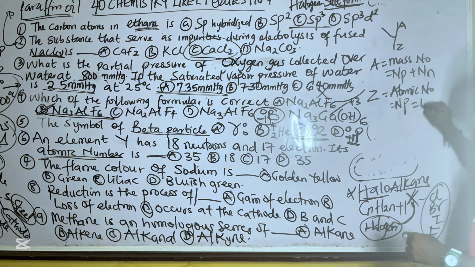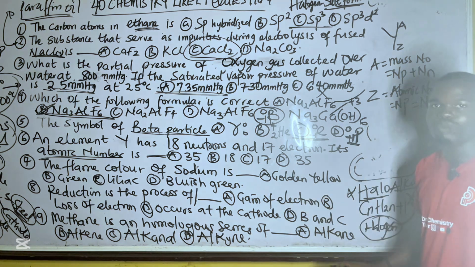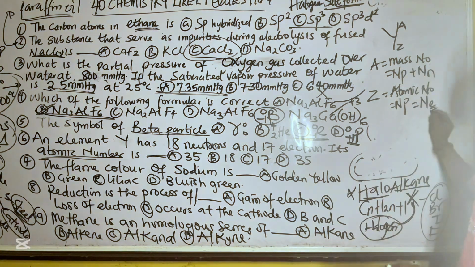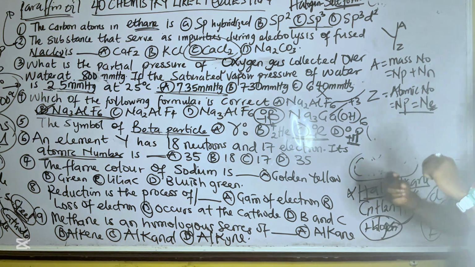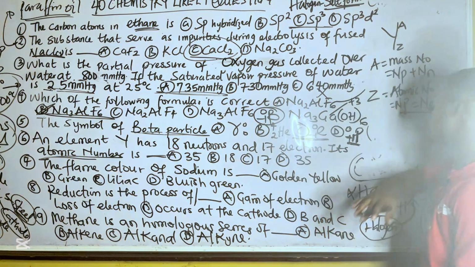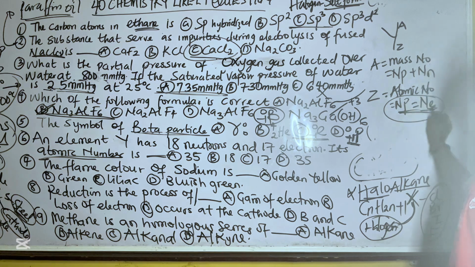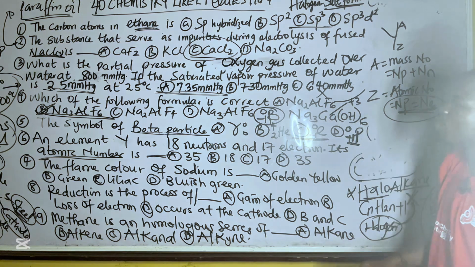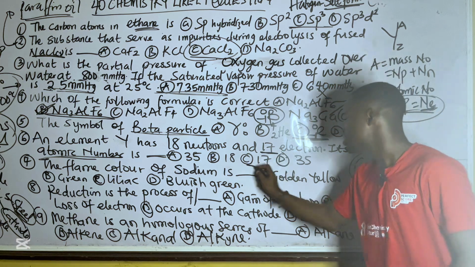Sometimes it can also be equal to the number of electrons in a neutral atom, except when the atom undergoes loss or gain of electrons. Since the number of protons equals the number of electrons in a neutral atom, the atomic number of this element is 17.